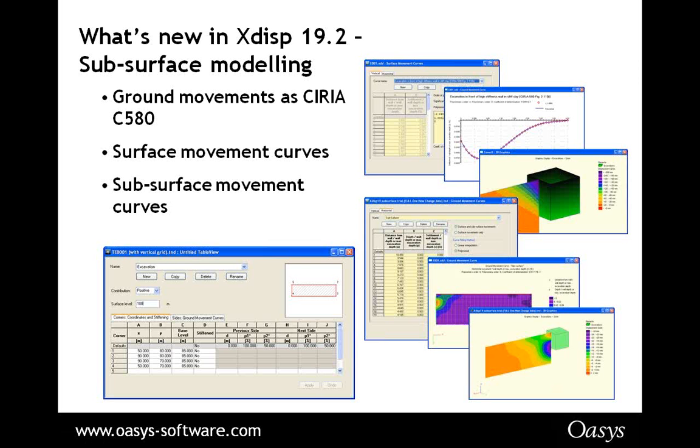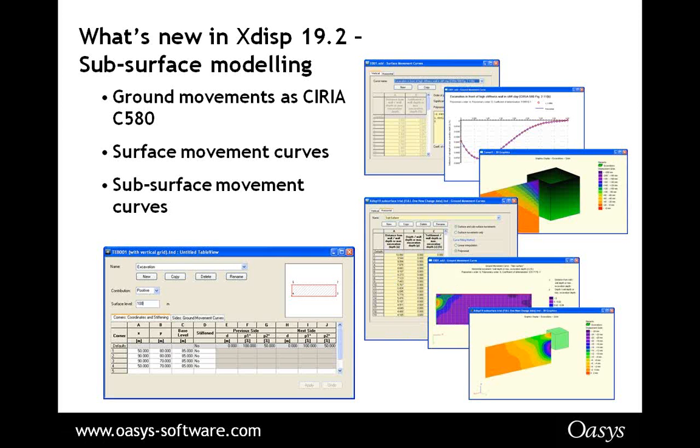Now we will be covering how to model a subsurface curve in an upcoming webinar, but in brief there are two ways you would model it. One way would be to use a 2D plane strain finite element analysis with programs such as SAFE, where you model displacements around a retaining wall in your specific stratigraphy, and you cut and paste the results into our curve input here, and that could be used in conjunction with or separately to site data.